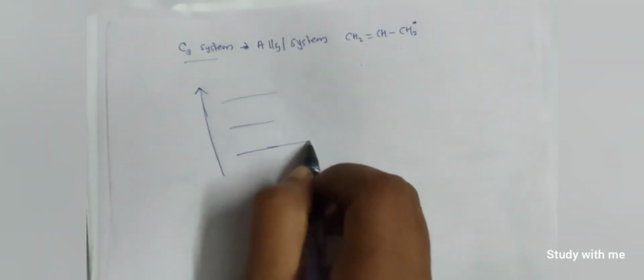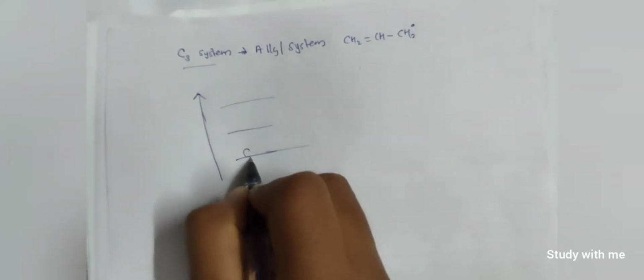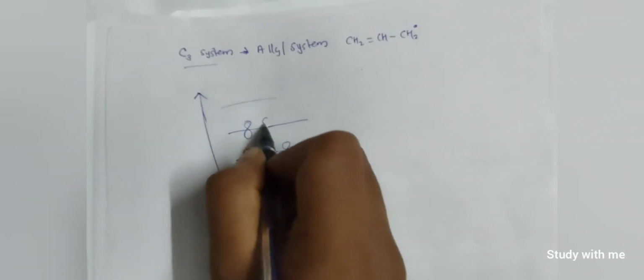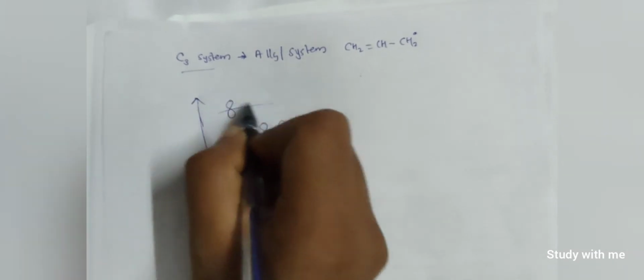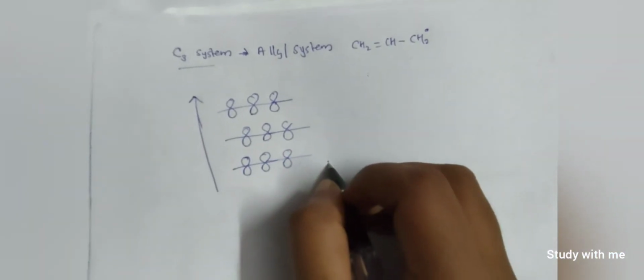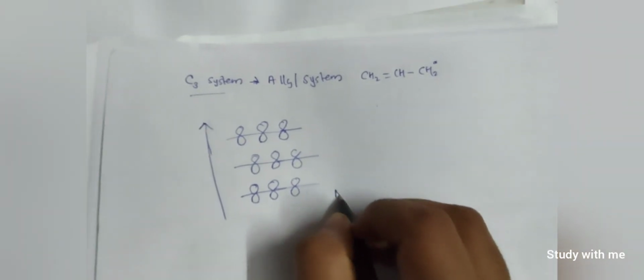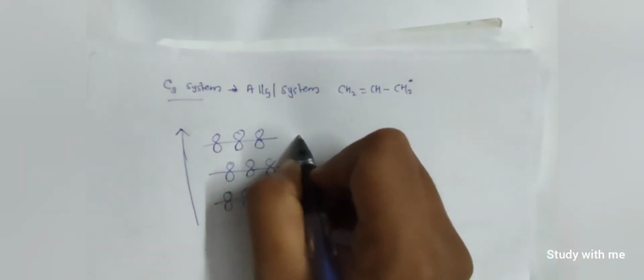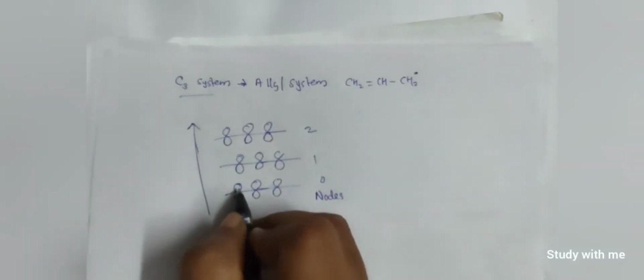Then, as it is a C3 system, I draw 3 orbitals like this, and then we have to put the signs for this. For putting the signs, we have to know the nodes. So the first one will have 0 nodes, the second one will have 1 node, and the third one will have 2 nodes.